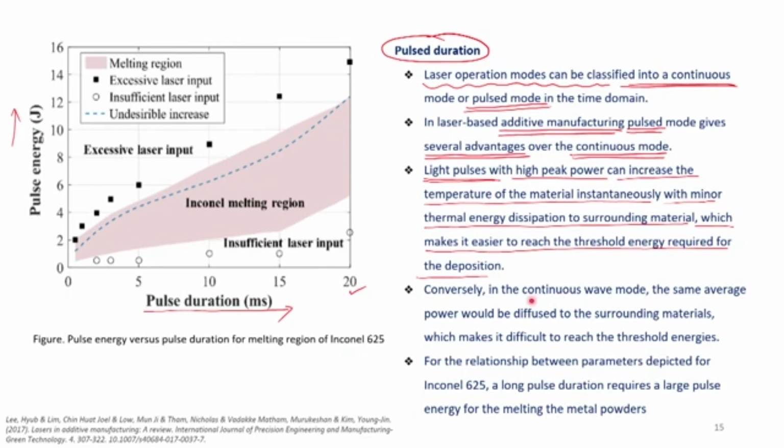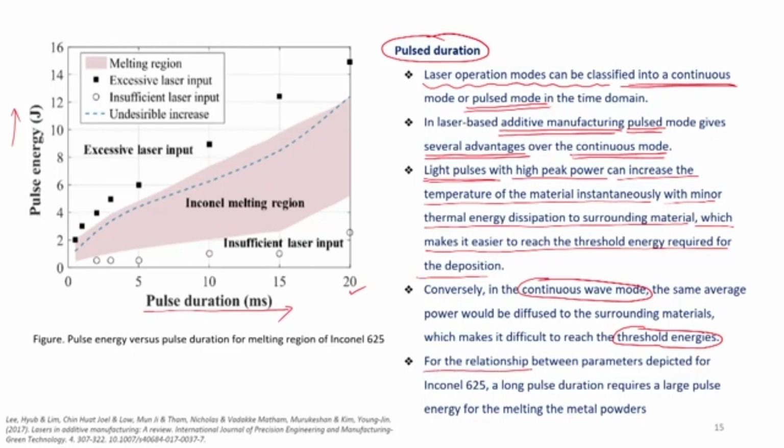So, if we go for the continuous wave mode, we are continuously applying the laser power, and this continuous application of the laser power facilitates the dissipation of energy which is entering the workpiece into the surrounding region of that work part, and thus it is difficult to achieve the threshold energies, and when the threshold energy is not achieved, we cannot have the probable deposition, probable melting, or the sintering operation done.